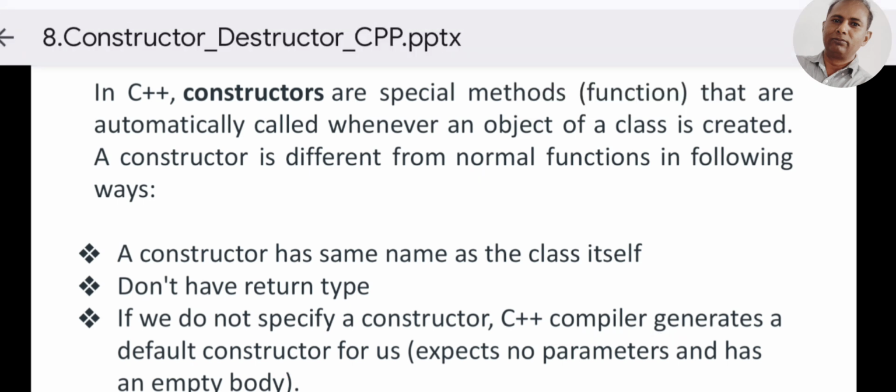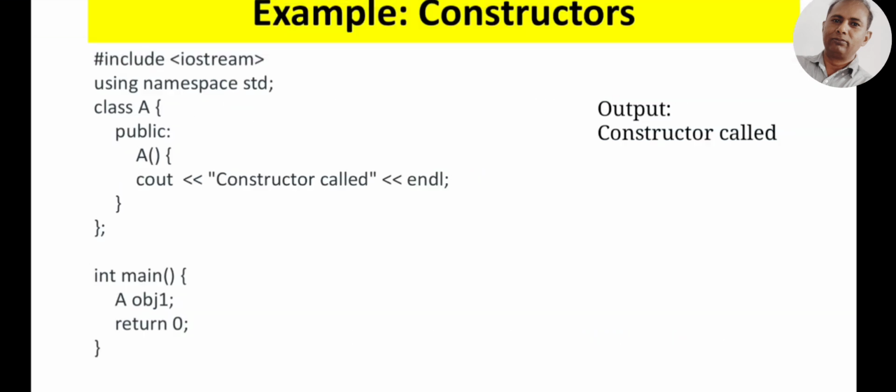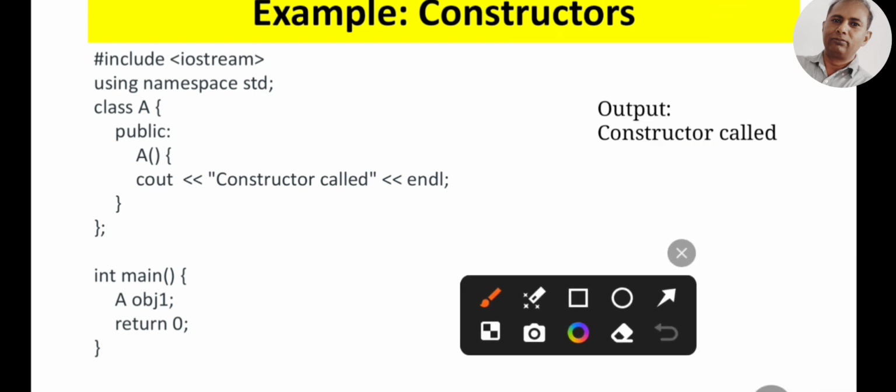Now, for an example of the constructor, we are using the iostream header file. We are writing using namespace std. Then we have made one class.